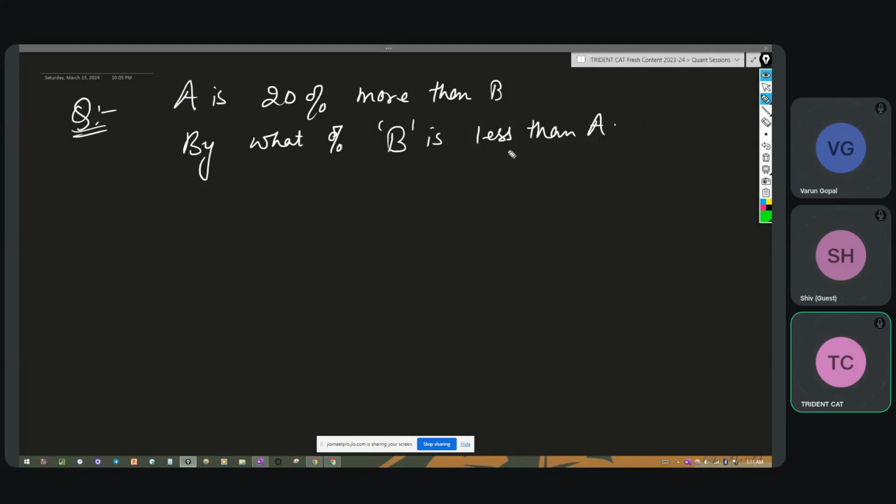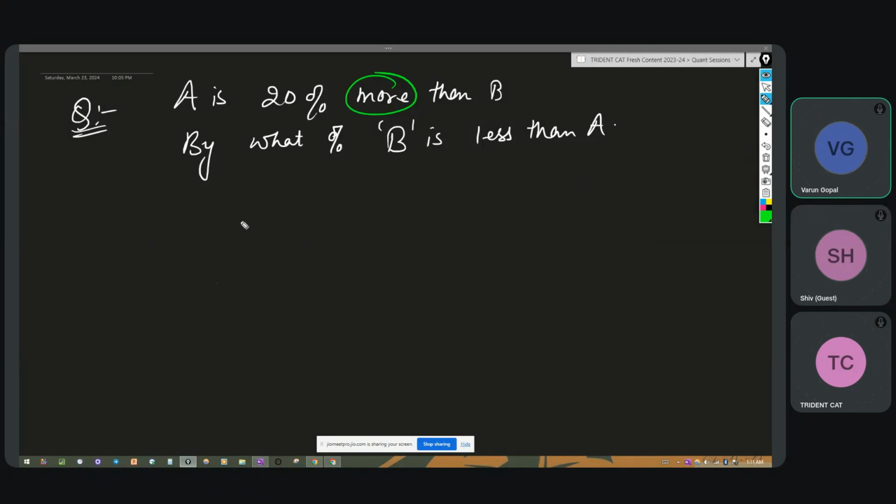This is the last question. In the previous question, it was less than B. Here it is more than B. It's 16.66 less than. Yes. Shiv, did you get the answer?